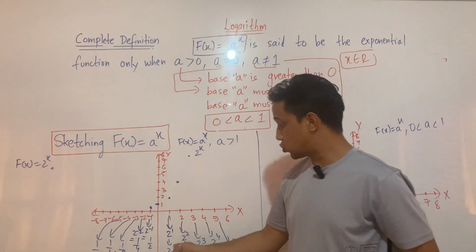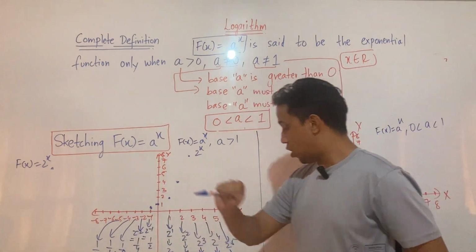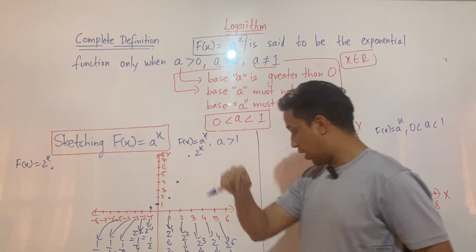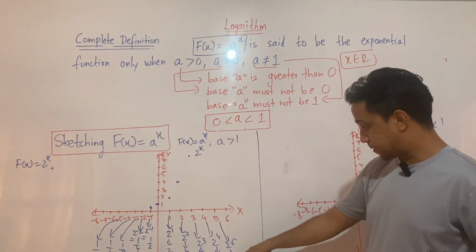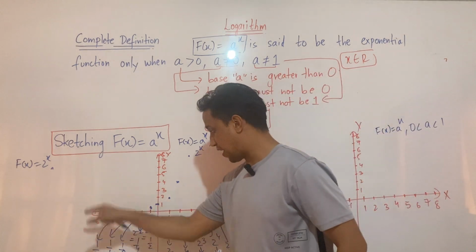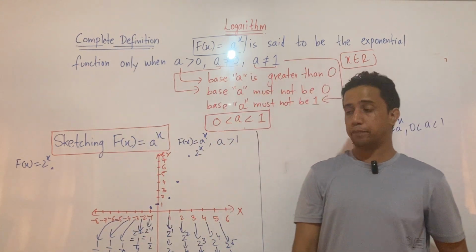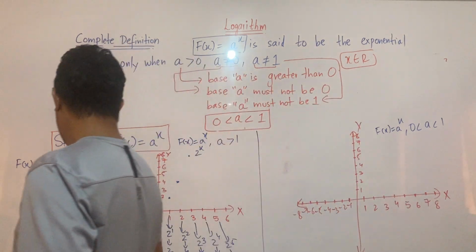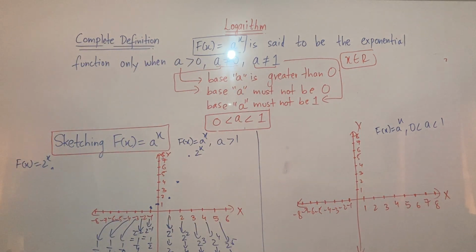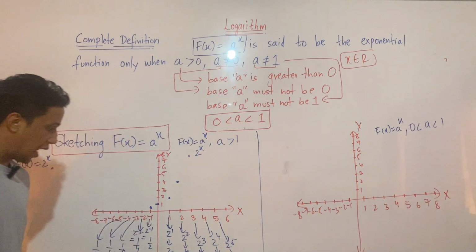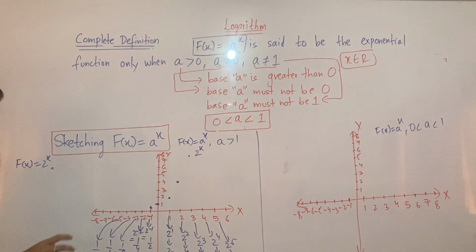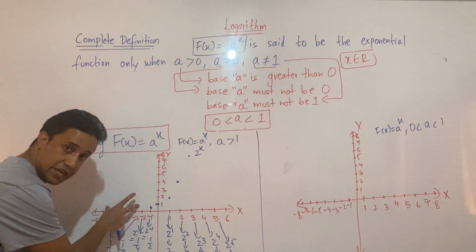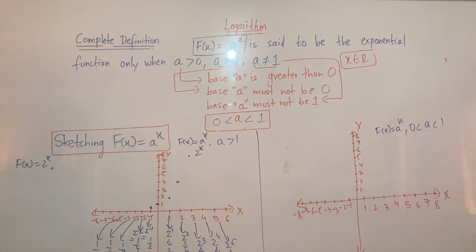See here 2, here 1 by 2, here 4, here 1 by 4, here 8, here 1 by 8, here 16, here 1 by 16, here for 5 it's 32, and for -5 it's 1 by 32. Just analyze that the values of y here are just the reciprocals of the values of y over here, right?